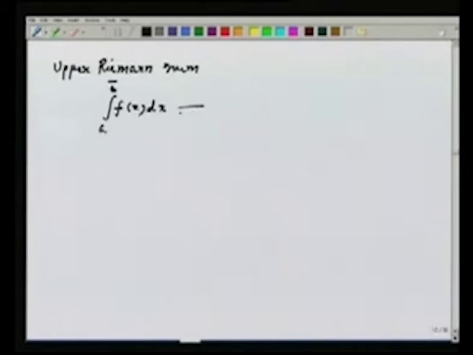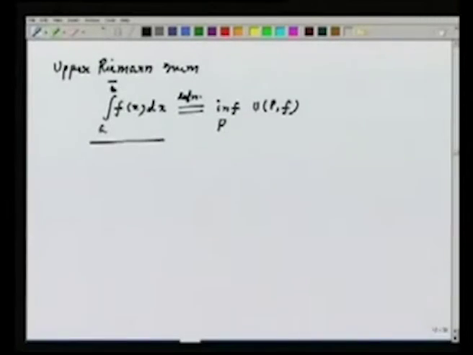The meaning of this is, this is the definition, this is the infimum of all the UPFs, because if I go on varying the partitions P, I get different UPFs, and I have already noticed that this set of UPFs is bounded by little m into (b minus a) and capital M into (b minus a), so it has an infimum. That infimum I define as the upper Riemann sum, the symbol being the integral from a to b bar of f(x) dx.